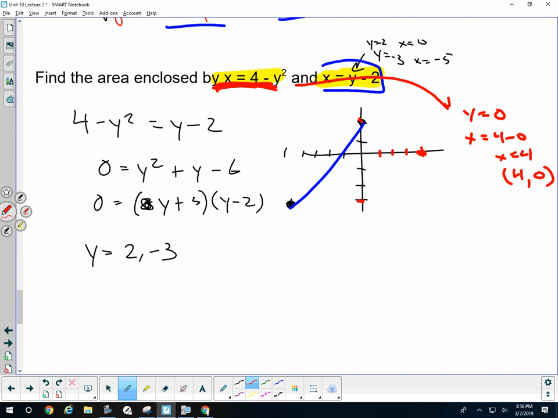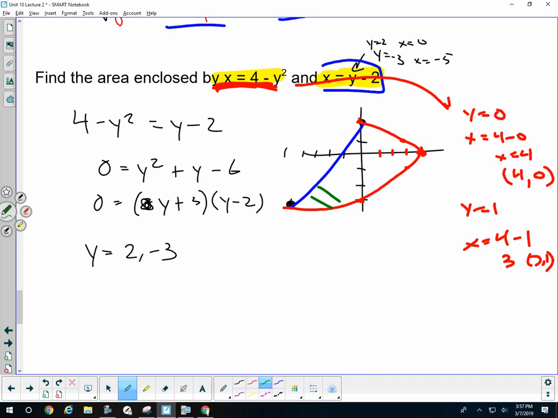You can say when y is 1, x is 4 minus 1, so that's 3. So I have the point 3, 1. If I did -1, it would also be here. And we would see that we end up with this sideways parabola.